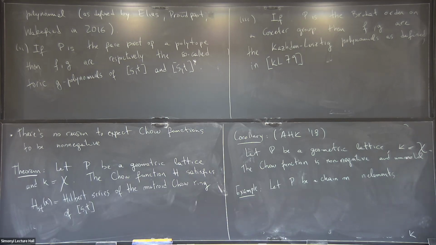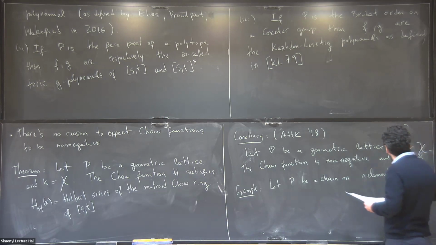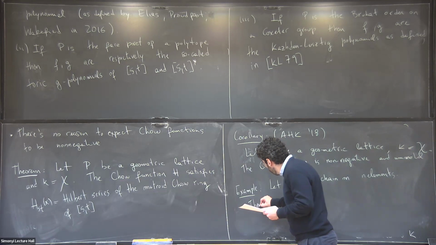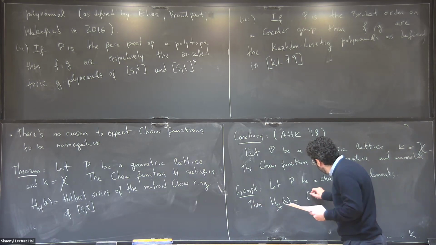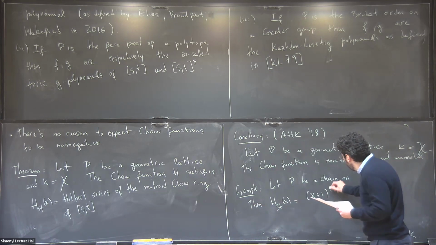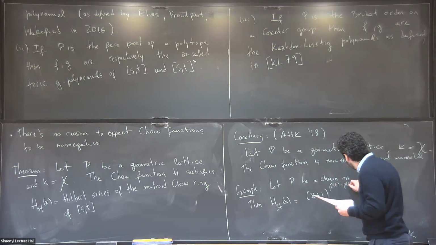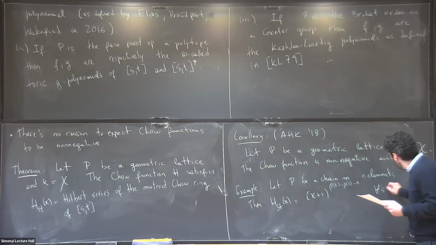You can define a characteristic polynomial and do this construction. You will obtain some element h. What's this? Well, H_{st}(x) equals (x+1)^{rho(t)-rho(s)-1} for all s smaller than t. So chains have binomial numbers as coefficients in the Chow function setup.